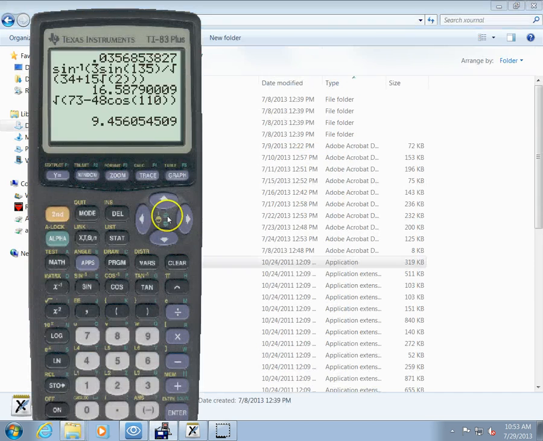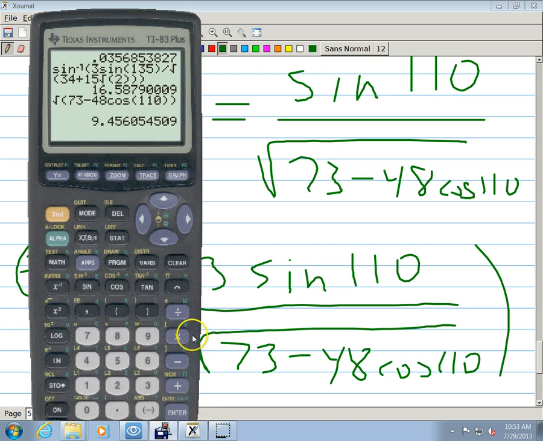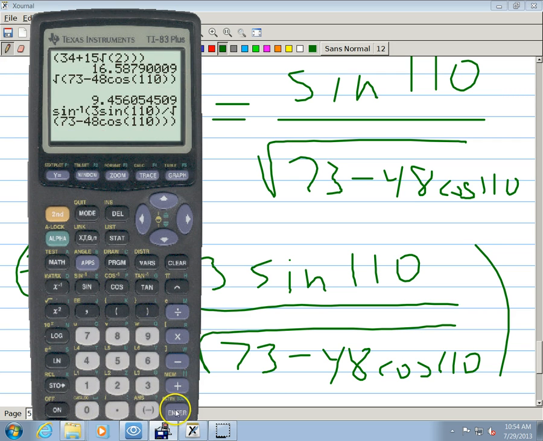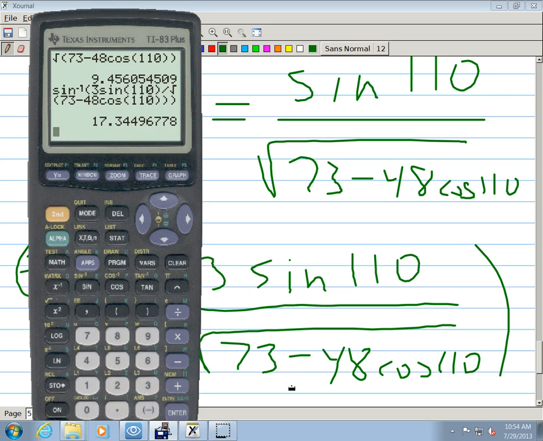So it's the arc sine of 3 times the sine of 110 divided by the square root of 73 minus 48 cosine of 110. I'm going to close the denominator, close the arc sine, and I'm going to get about 17.345 degrees. All right, is everyone okay with how we got that? 17.345 degrees?